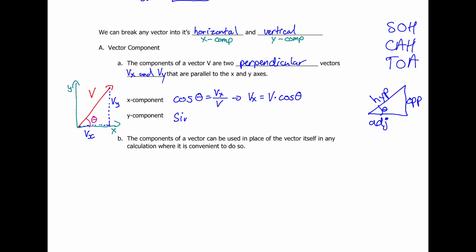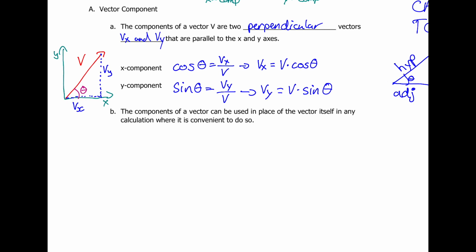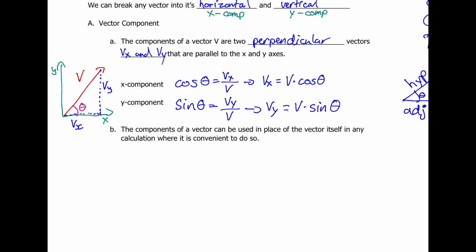We get sine of the angle is equal to Vy over V, so the y component is going to be the original vector multiplied by the sine of the angle. Awesome.